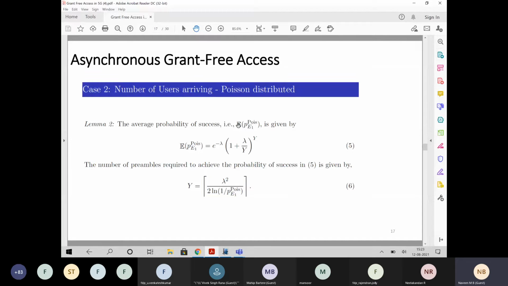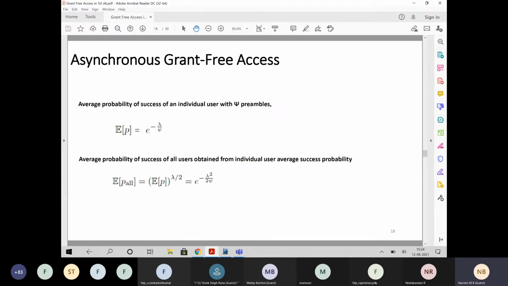Now again, I have an expression for the probability of success of all users. Using it, if I set this to 0.9, I can always find out the number of preambles required for lambda users, where lambda is the mean number of users coming in. Whatever I did for the fixed case, I can repeat for Poisson.